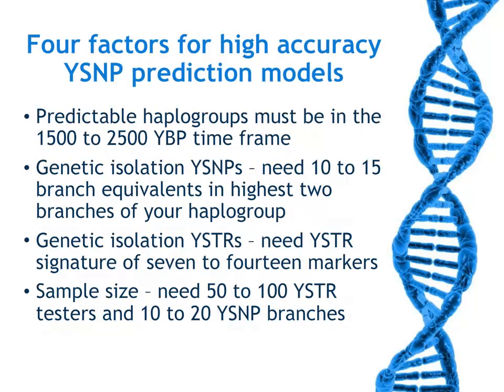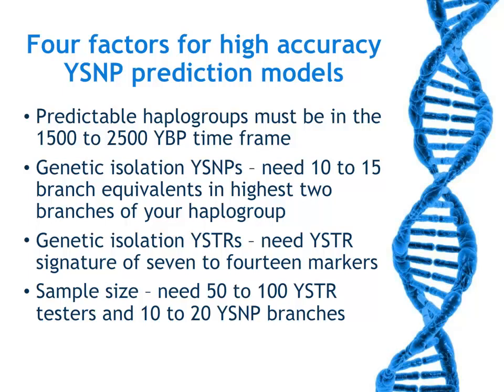There are four factors that make YSNP prediction more accurate. First of all, they have to be in the right time frame. The second aspect is you need some genetic isolation from the YSNPs. You really need about 10 to 15 branch equivalents in the two highest branches of the haplogroup you're analyzing.